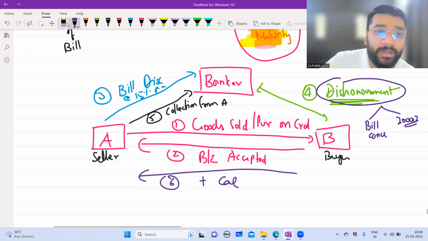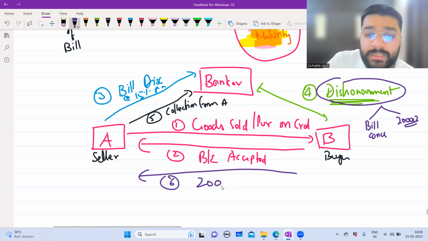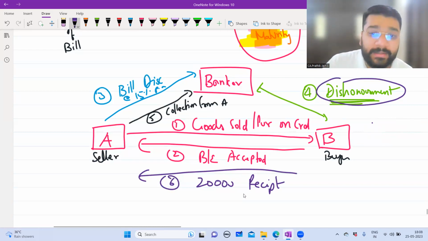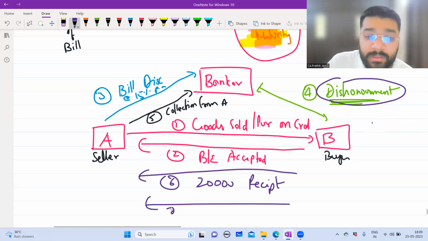So after cancelling the bill, you can first pass a 20,000 receipt entry. The 20,000 money is first received. Then the seventh entry will be the interest entry.